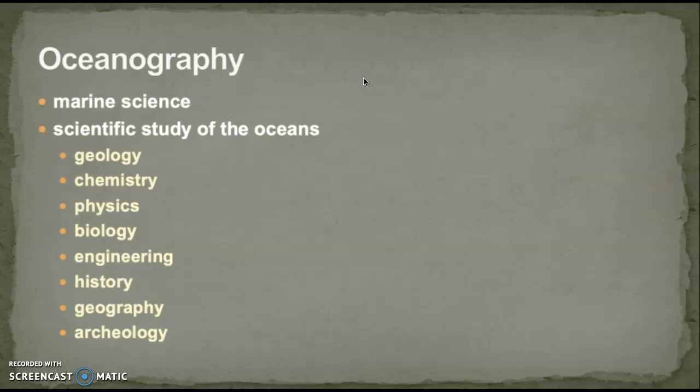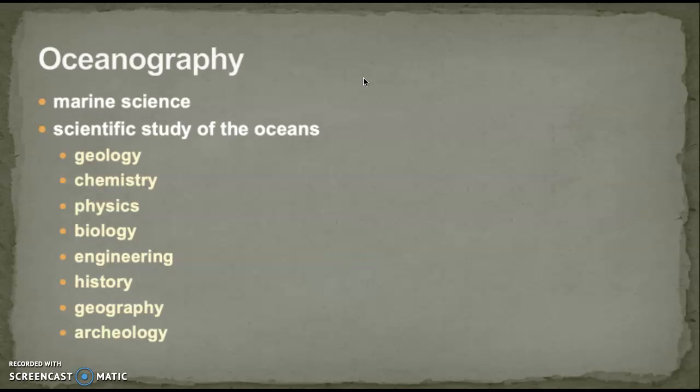So, what about oceanography? Well, oceanography is marine science. It is the study of the ocean and kind of every aspect of it. And what you'll see as you look through the textbook and throughout the semester is that we are going to tap into many other scientific realms and use those as we study the ocean.